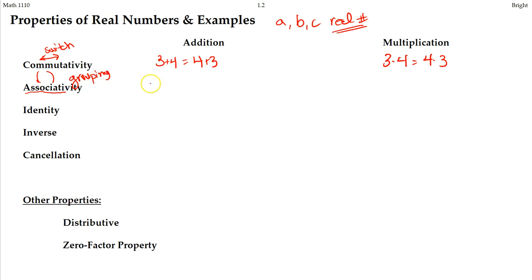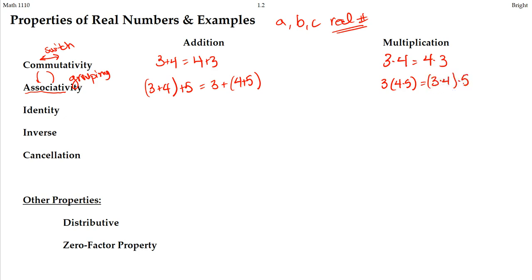If we have 3 plus 4 grouped together, and then we add 5 to it, that's the same as saying that we can do 4 plus 5 first, and then add 3, keeping in mind order of operations. Multiplication, same idea. We have 3 times the quantity 4 times 5, and that's the same as 3 times 4 first, and then times 5.